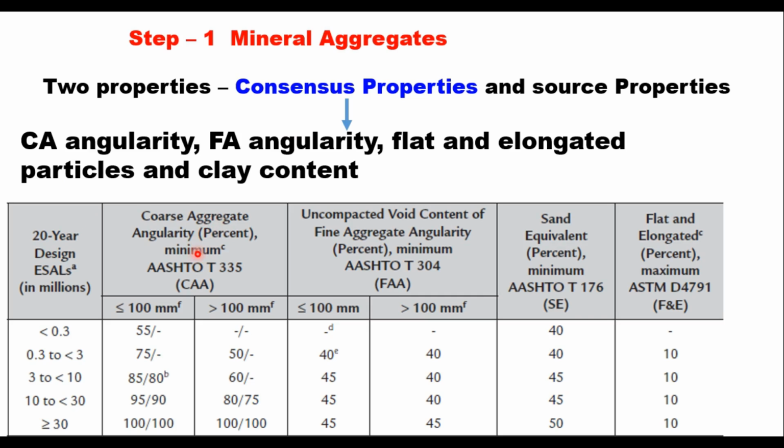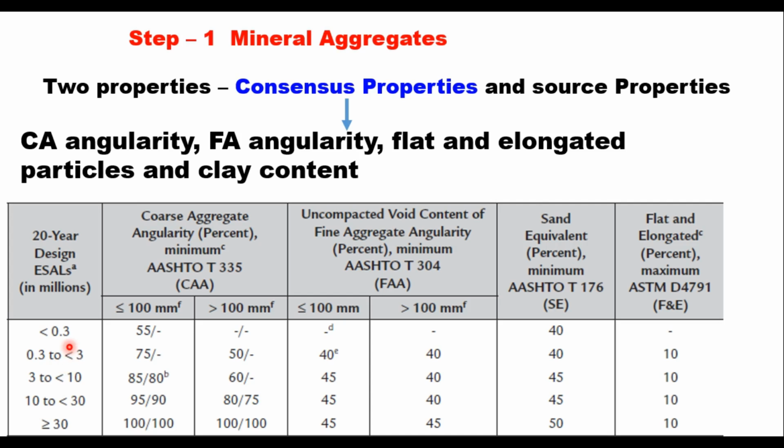Coarse aggregate angularity, that is CAA, to be determined as per ASTM method, fine aggregate angularity, sand equivalent value, and flat and elongated particles. Now these properties are dependent on the design traffic in terms of million standard axles.